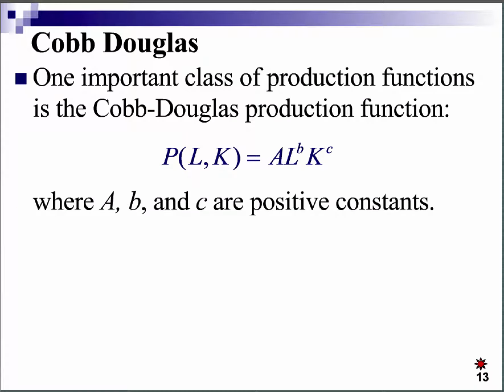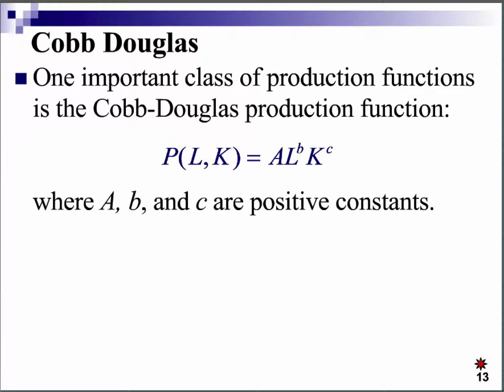So one important kind of production function is called the Cobb-Douglas production function, and it has this particular form. Capital P is dependent on labor and capital and is equal to capital A times labor raised to the power little b multiplied by capital K raised to the power little c.